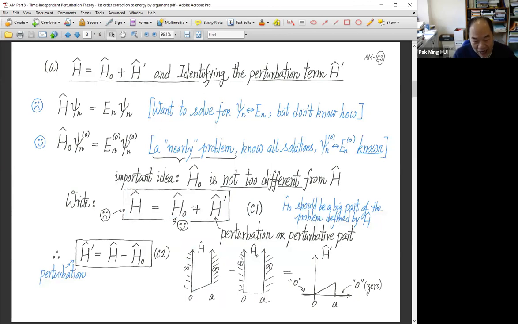So now, realize that H prime for the problem is, pay attention, 0 out here because it's infinity minus infinity. So it is nothing outside the well, and this linear line inside the well is your perturbation term. Is that clear?